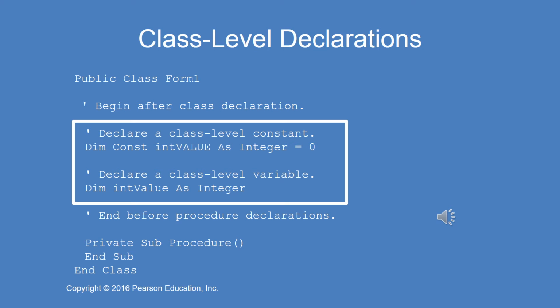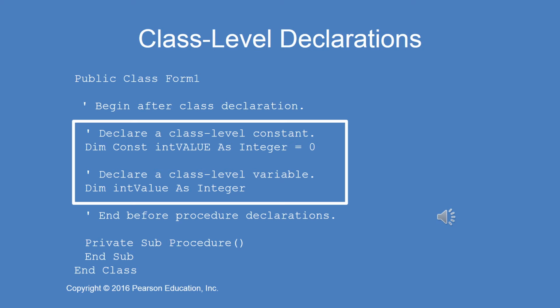We start with a constant, a class level constant named intValue. So there is the syntax for the declaration of a constant class level variable. Dim, Const, use the Const keyword. You give the variable a name. In this particular case, it's intValue, and then As Integer, and we're initializing it in the declaration to 0.